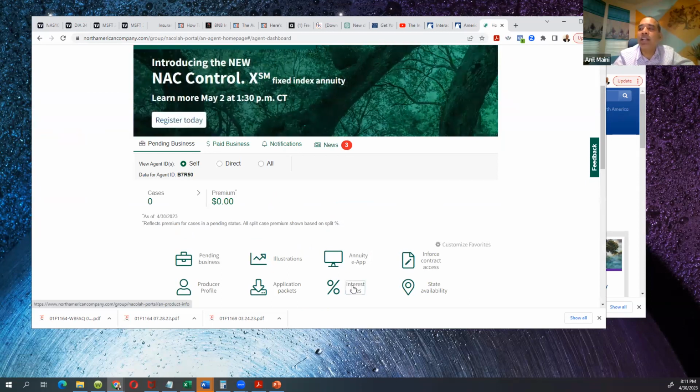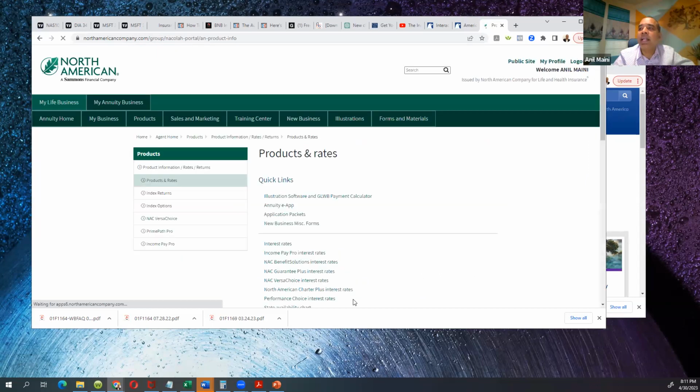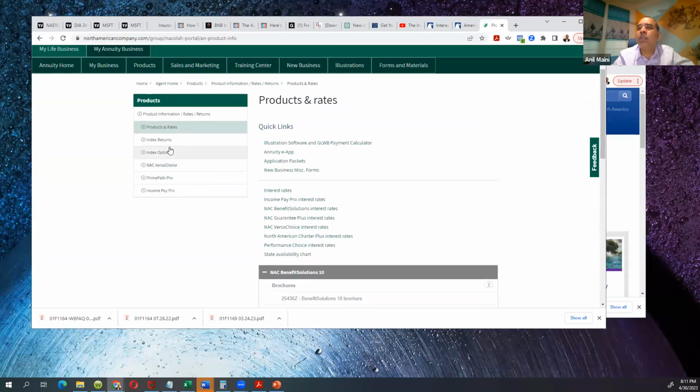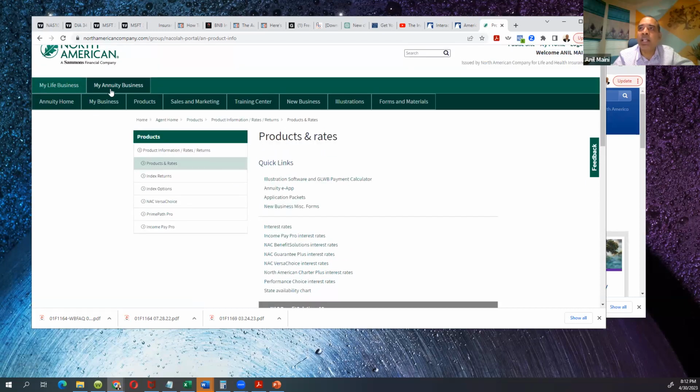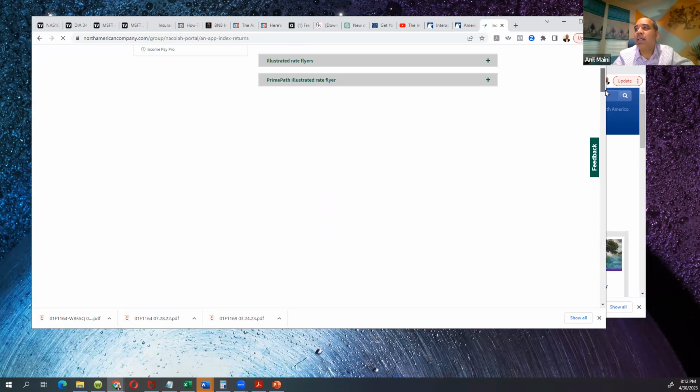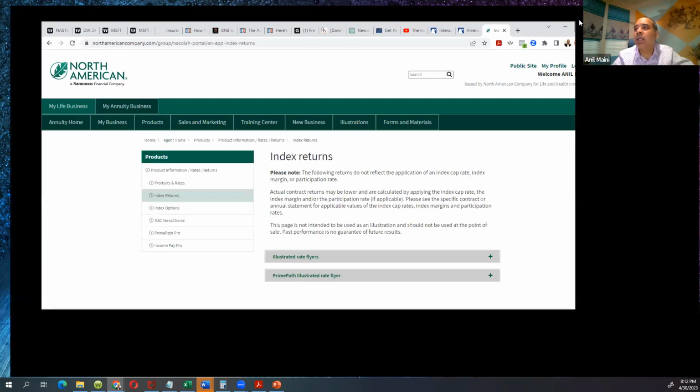Click on interest rates and then click on index returns. Let me make it bigger.